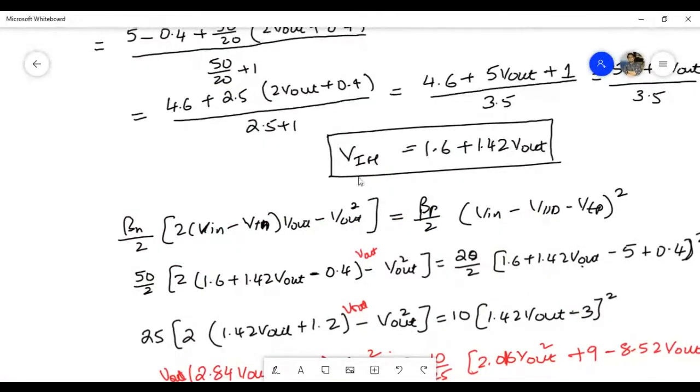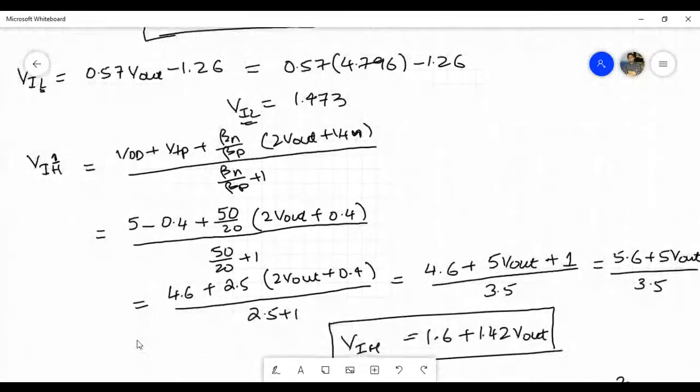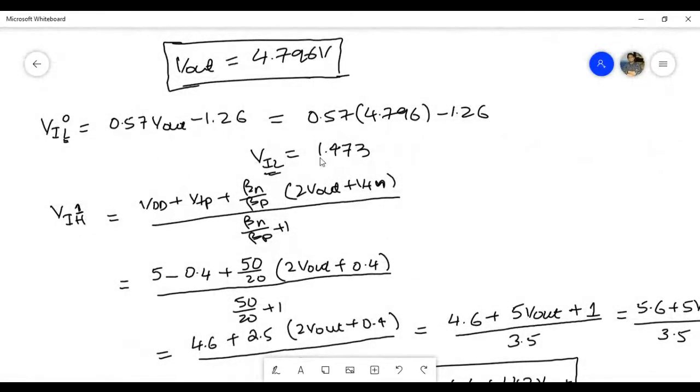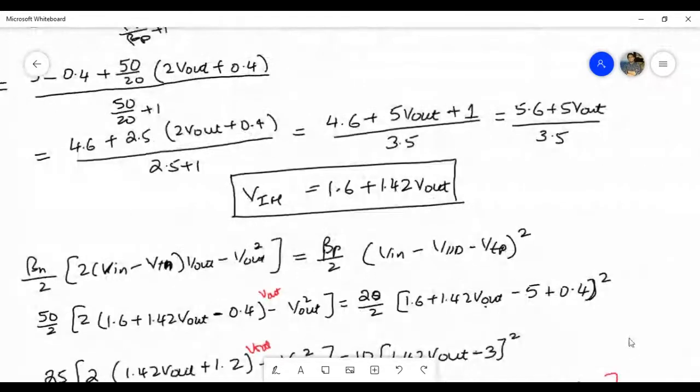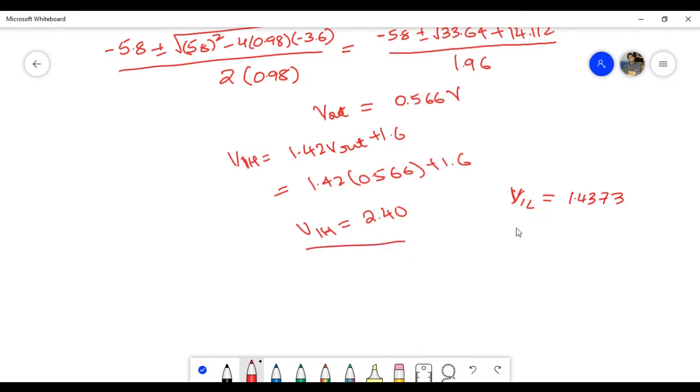VIL was 1.4373. Okay, so now we have VIH and VIL. What is VOL? And what is VOH?